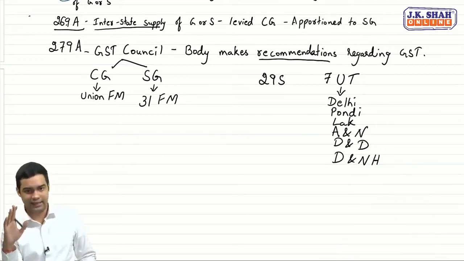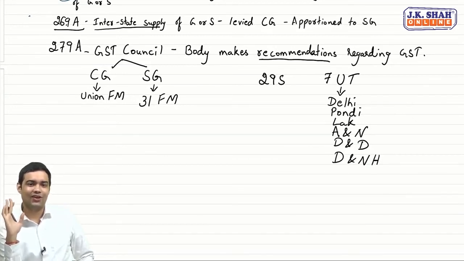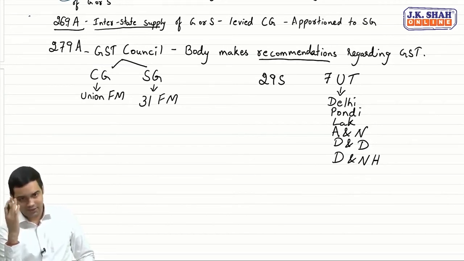So we have Delhi, Pondicherry, Lakshadweep, Andaman and Nicobar, Daman and Diu, Dadra and Nagar Haveli. There is one particular union territory which I have not included in this. You'll have to think and tell me, I'll tell you in some time.